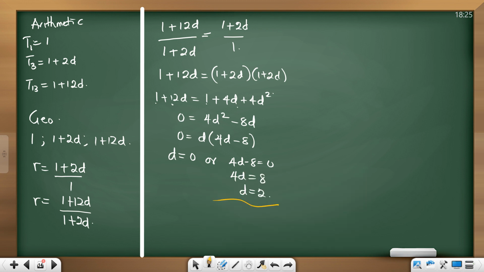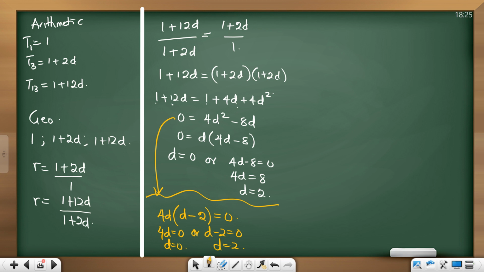Can I do it just below here to save space? 4d is common to both of them. So what am I left with? 4d times d minus 2. So 4d equals 0 or d minus 2 equals 0, which gives us d as 2 and d as 0.